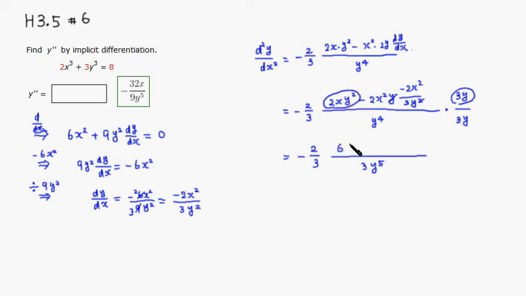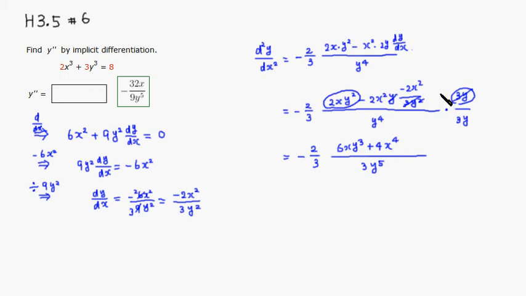So that will give us 6xy cubed, right? Then if you multiply by 3y, this cancels out with that guy, right? So you will get the plus negative 2 times negative 2 is 4x to the 4th power.